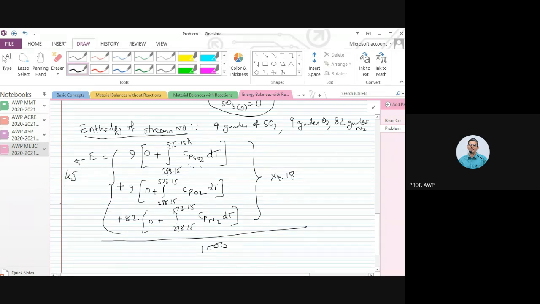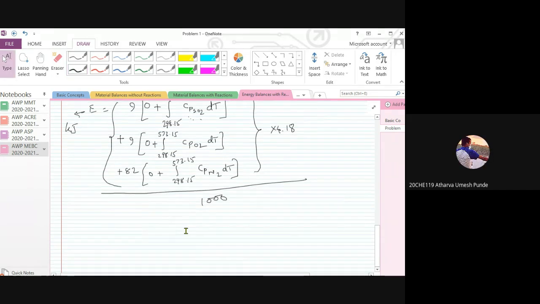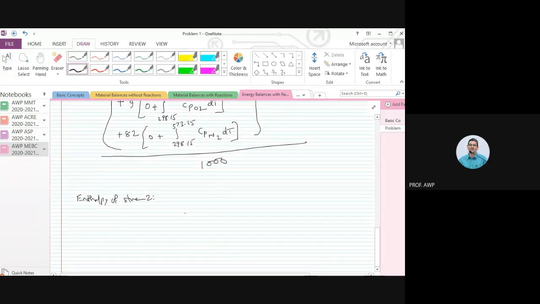Okay, now you want to calculate the stream 2 enthalpy. Enthalpy of stream 2 is equal to 9 minus x, same way, 9 minus x, 0 plus the integral from 298.15 to 450, meaning 723.15, of Cp SO2 dT.